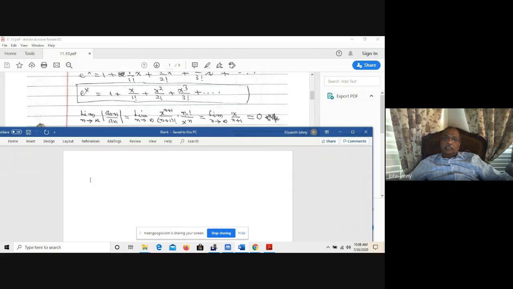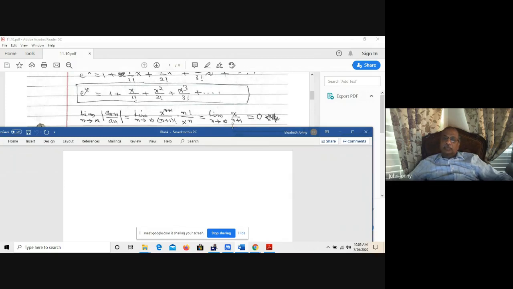All the terms in n factorial cancel, because n factorial is 1 times 2 times 3 times 4 etc. up to n. n plus 1 factorial is 1 times 2 times 3 etc. times n plus 1. So all the terms up to n cancel, the leftover is just n plus 1. So limit n approaches infinity, x over n plus 1.